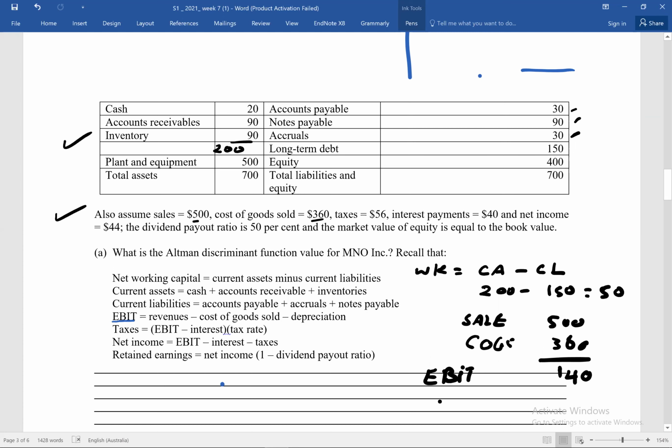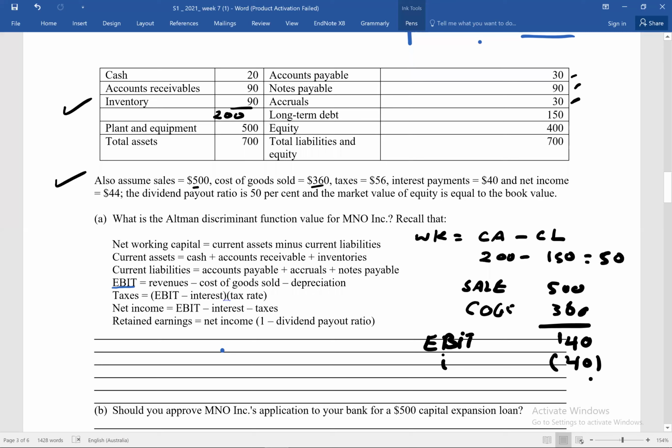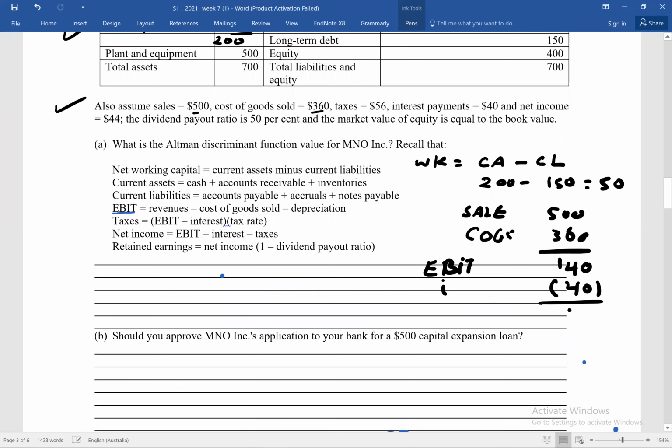And then we have interest of 40. And we have actually net income. No, this is income before tax. This is earning before the tax, 100. And then you have the tax, which they say is 56. I end up with net income of 44.